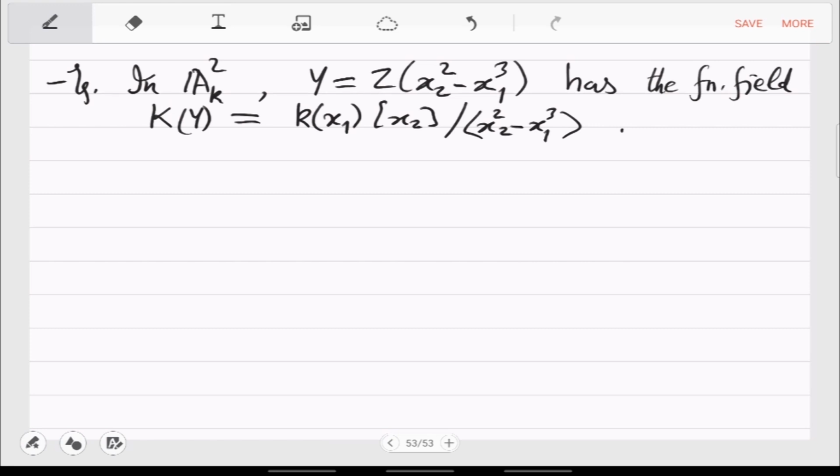You can unfold the definition and just check that it's actually this. Look at the rational functions over k in the x1 variable, and that's a field, and over that field you are introducing the square root of x1.